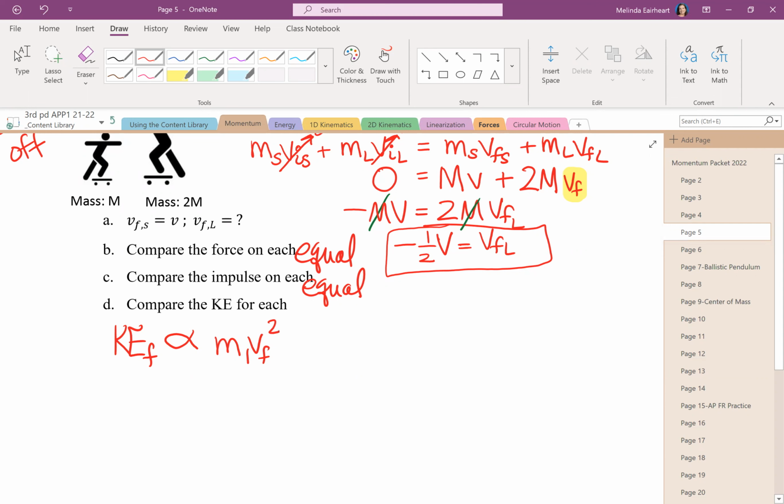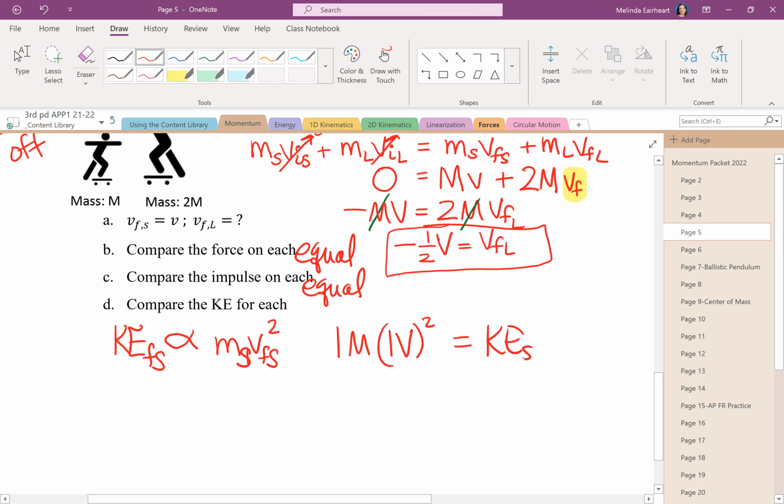And so if my small has 1 mass and 1 v, then your kinetic energy of the small is going to be a factor of 1, right? But what about for the large?